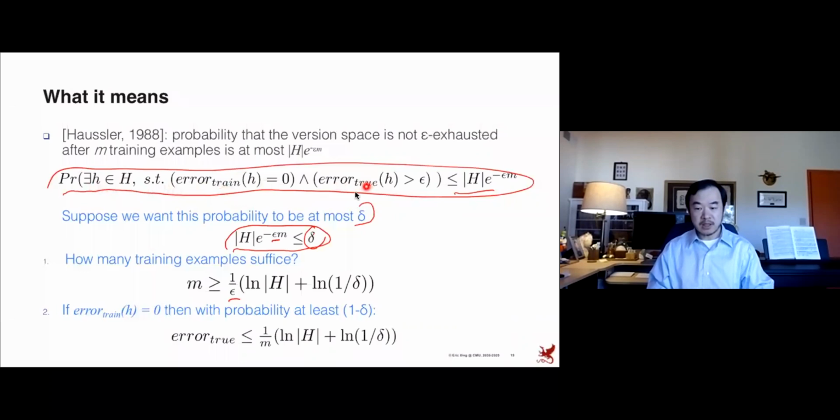The converse of that is that there does not exist any such hypothesis with error greater than epsilon, right? And you want that probability to be very high, and that's basically 1 minus this. That means in the version space, you are very unlikely to get an H that is committing a big error, an error greater than epsilon.